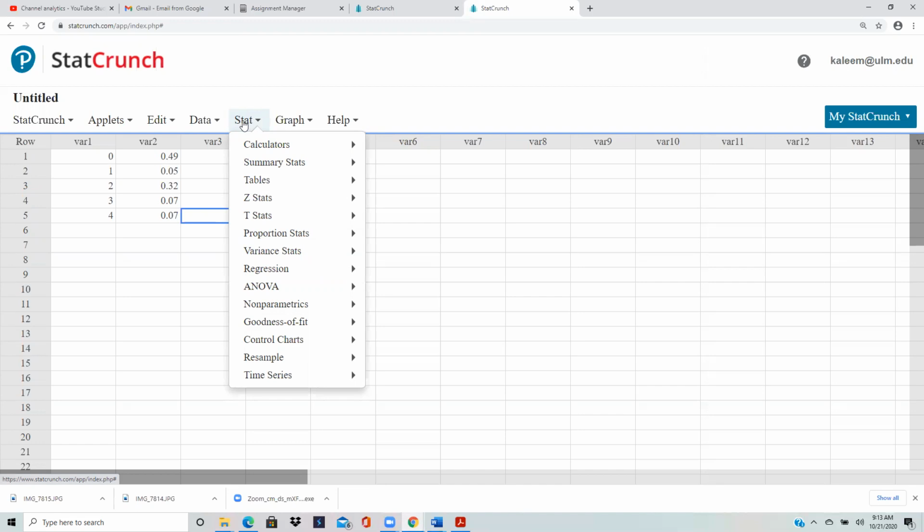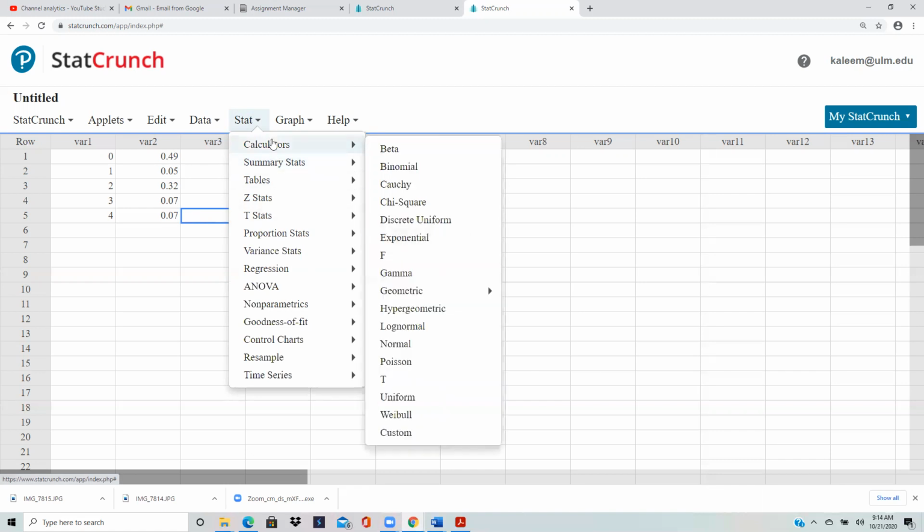If these probabilities were integers, you could do stats, summary stats, grouped binned data. But since the probabilities are decimals, it will just give you an error. So in this case, we do stats, calculator, and custom.